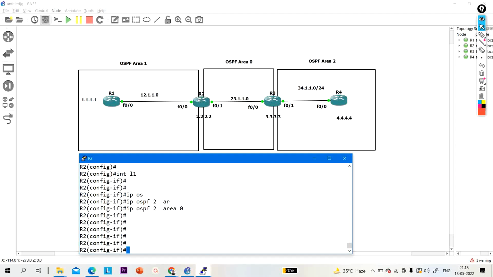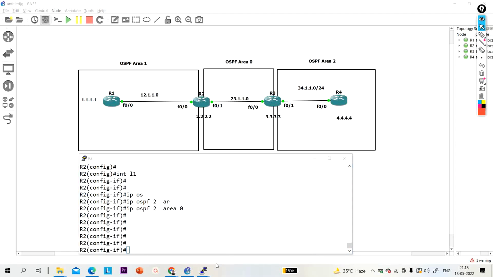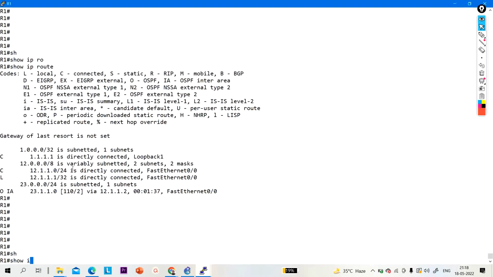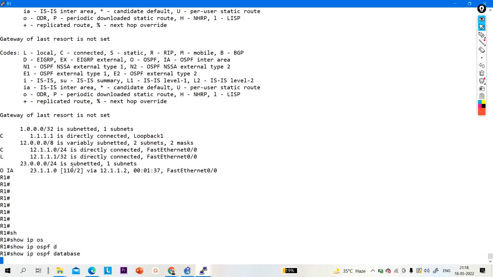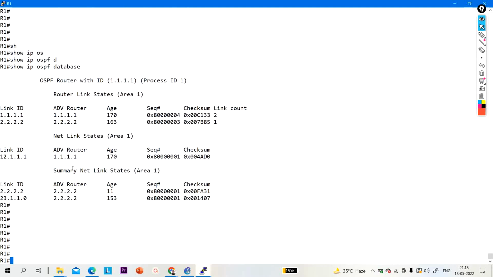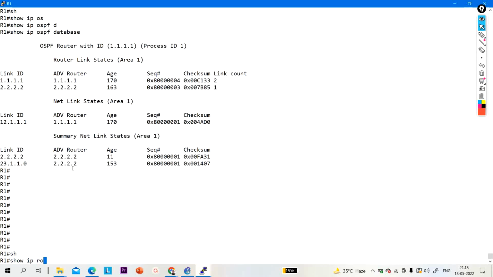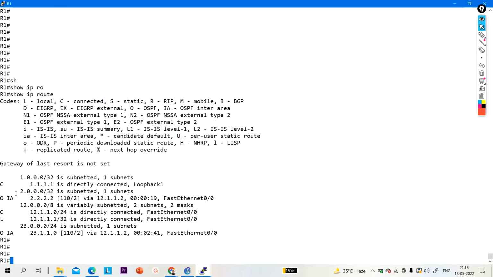Now let me show you the database of R1. So show ip ospf database. Is there any LSA from area 0? No. But in the routing table you can see there is a route 2.2.2.2.